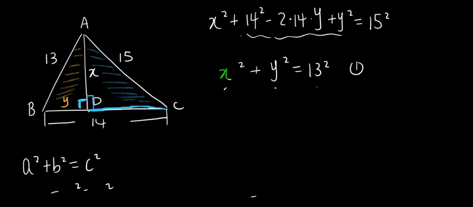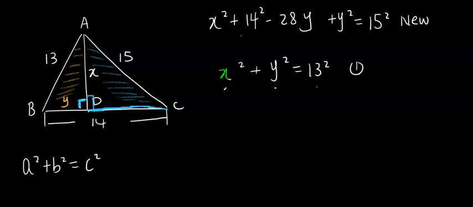Now, I got a new equation. 2 times 14 times y is 28y, so it's minus 28y. Everything else looks good. I'm going to use new minus 1.